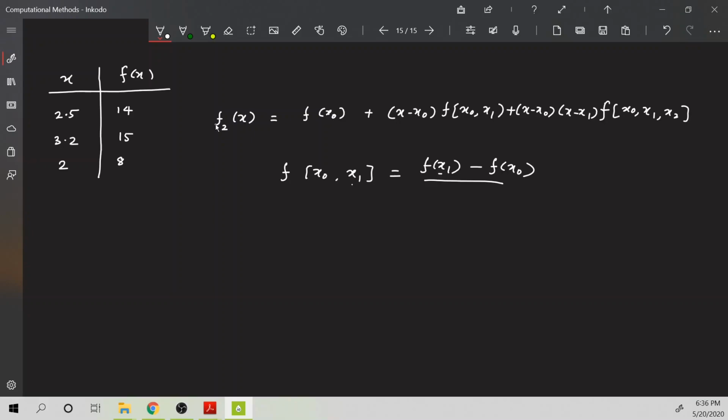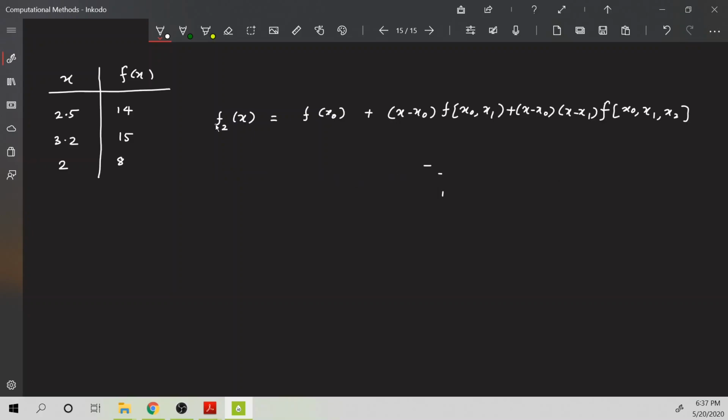Then the same thing, x1 minus x0, and so on. But you don't have to remember this. I'll show you a technique where you won't have to remember all these things. You just have to remember the first formula, and that too you can derive by yourself.